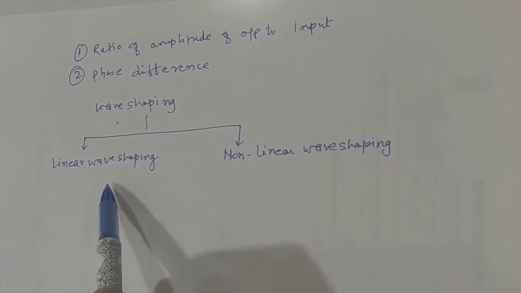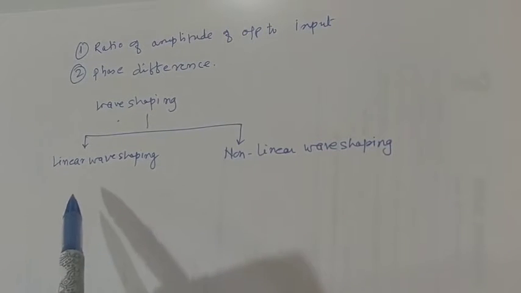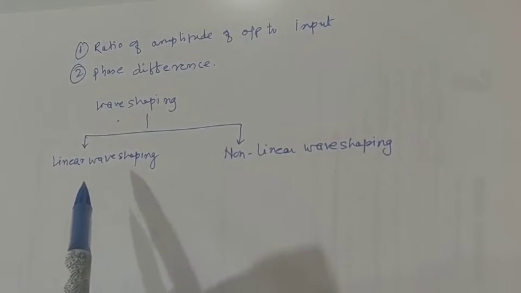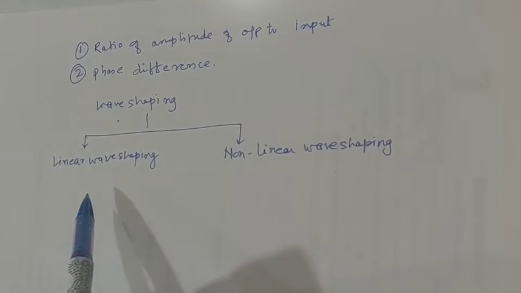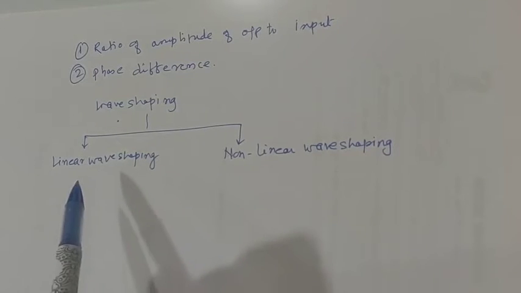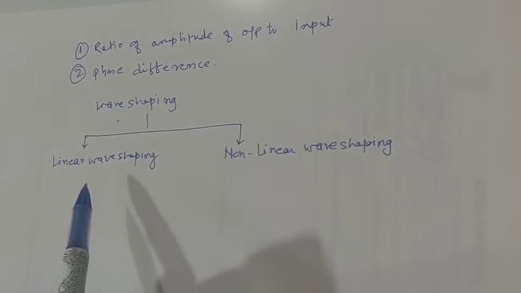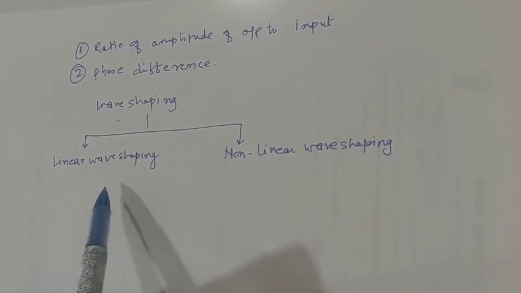Now see this linear wave shaping. Linear wave shaping uses components with linear transfer characteristics, like RLC, to form the circuit. So the circuit where you are using linear components like resistor, capacitor and inductor, and you pass your signal through this circuit which has linear properties, the circuit will be called linear wave shaping.